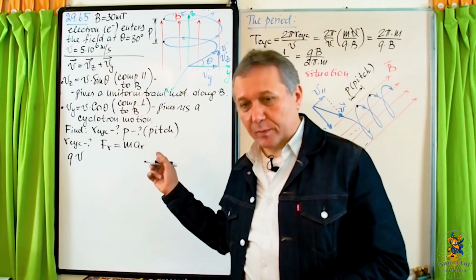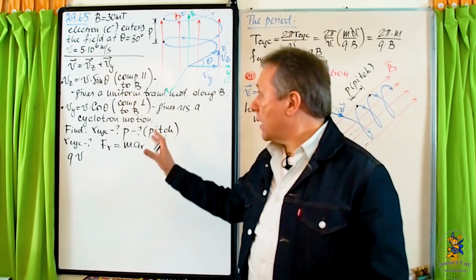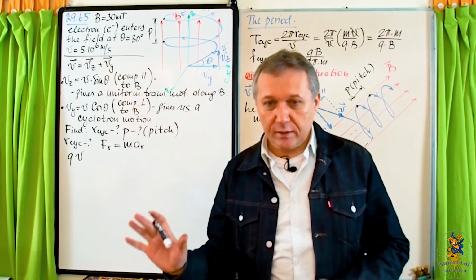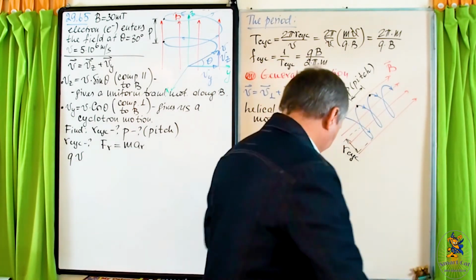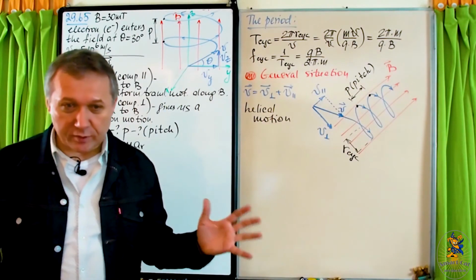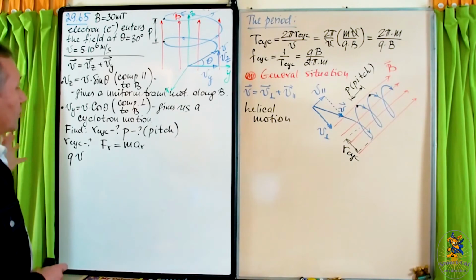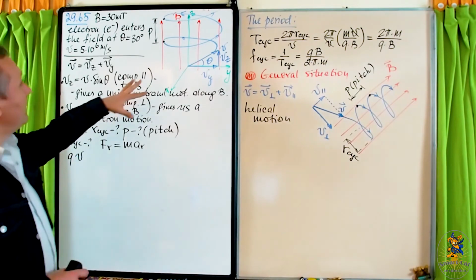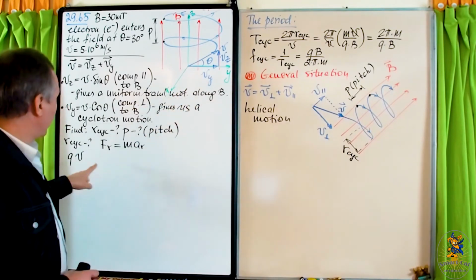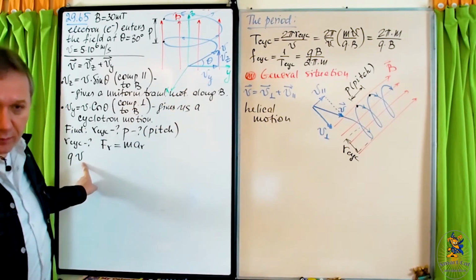When we derived the formula for cyclotron radius, the whole velocity was perpendicular to the magnetic field lines. But now it's not only V sub y perpendicular to the magnetic field lines. So, of course, we have to use here V sub y.